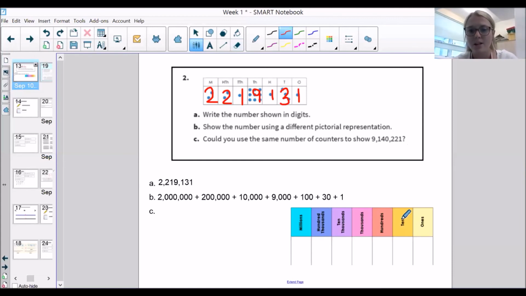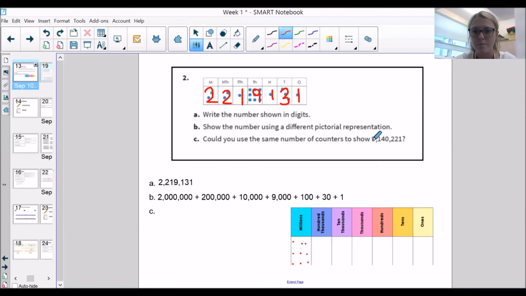9,140,221? I've got my place value chart drawn here, ready for me. I'm going to represent this one like the original one was, with counters. So I'm going to start with my millions column. I've got 9 million, so I'm going to draw dots. 9 in the millions.